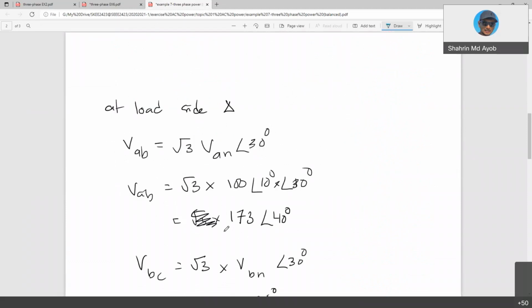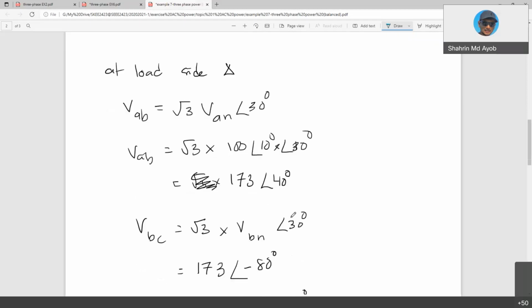Right now your VAB is square root 3 times the V phase, which is your VAN, with an angle of 30 degrees. Your VAN is 100 with an angle of 10, so 100 multiplied by square root 3 is 173, and the angle is 10 plus 30, so your VAB is 40 degrees.